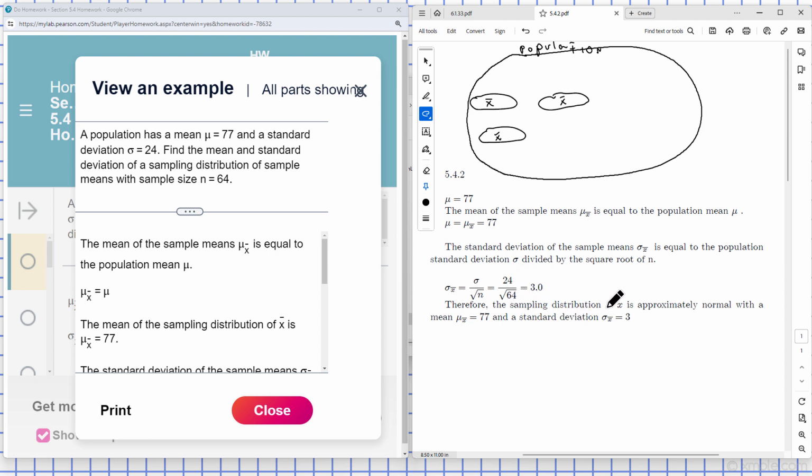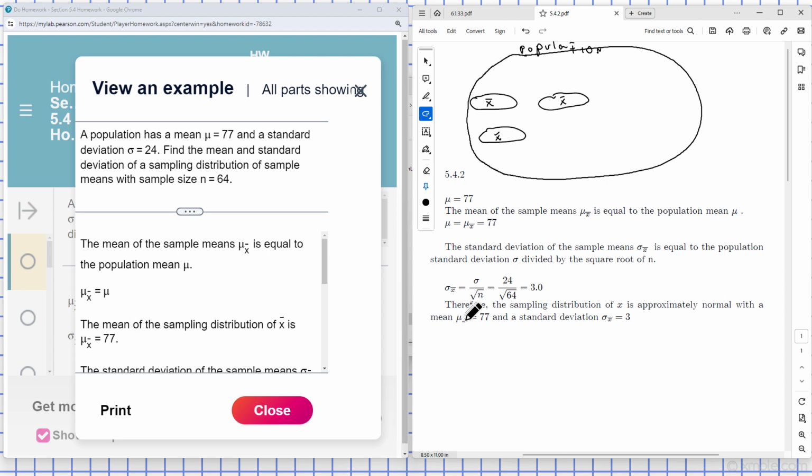Therefore, the sampling distribution of X-bar is approximately normal with a population mean here, 77, and a standard deviation of 3.